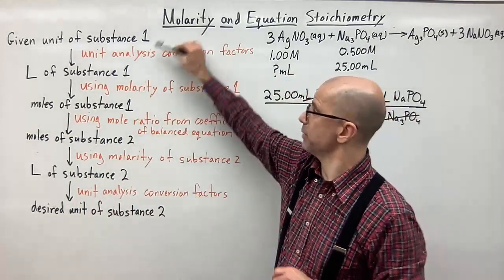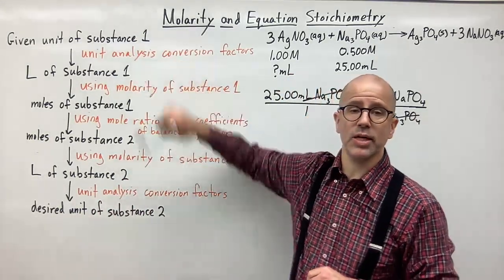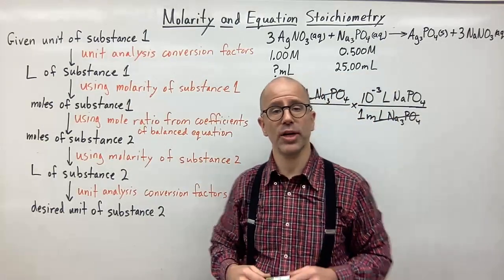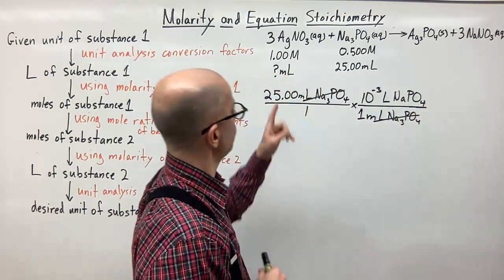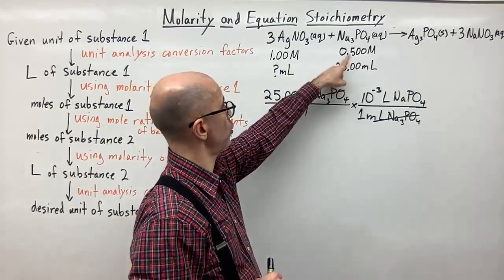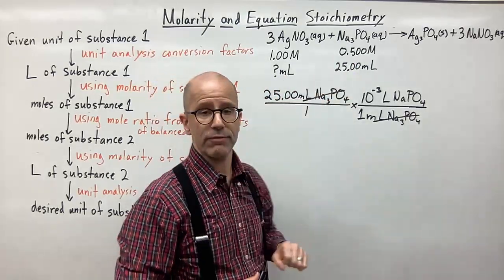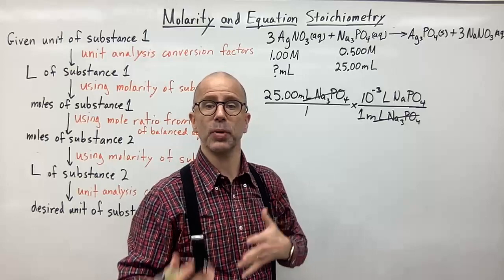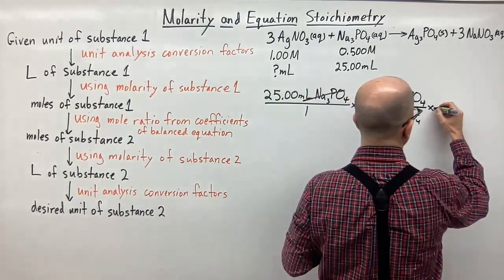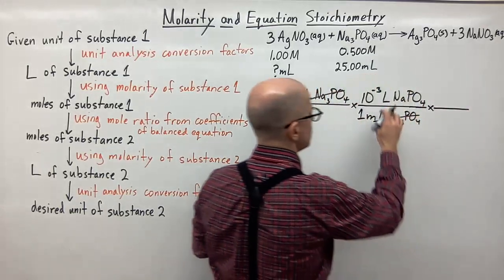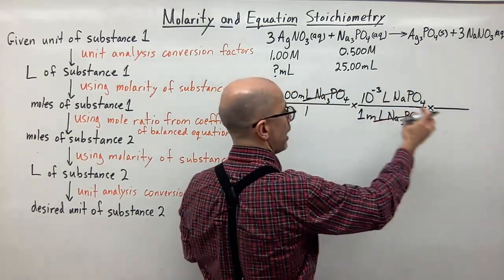So I've done this step here. I have liters of substance 1. Now I can use the molarity to convert from liters to moles. So what's the molarity of Na3PO4, sodium phosphate? 0.500 moles per liter. I'm going to use that as a conversion factor. Since I have liters on the top, I'm going to have liters on the bottom.